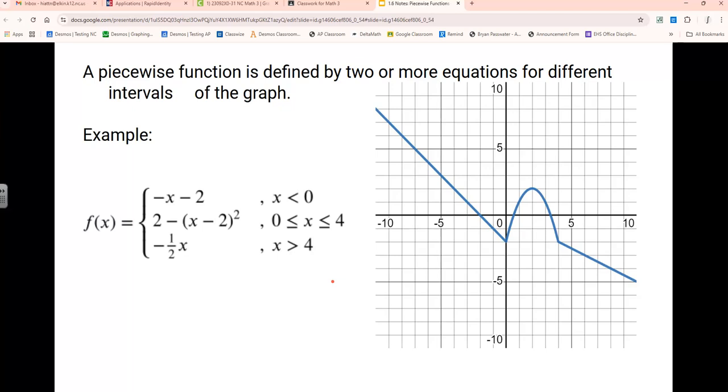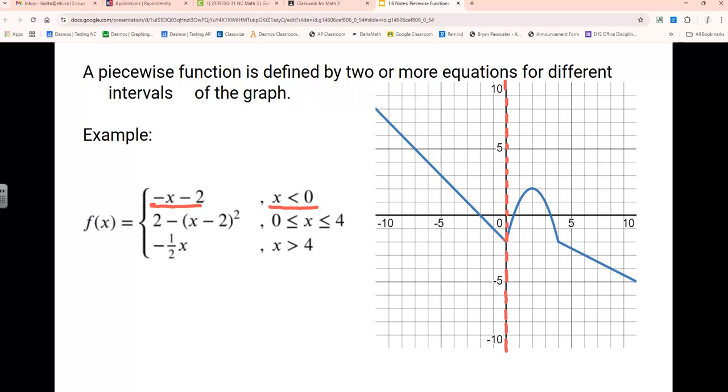Whenever you look at a piecewise function, if we look at how it's broken up here, you have this rule goes for this part of the graph. So this is x is less than 0. If you think about making yourself a vertical line right there at 0, where x equals 0, it is going to be everything less than 0.